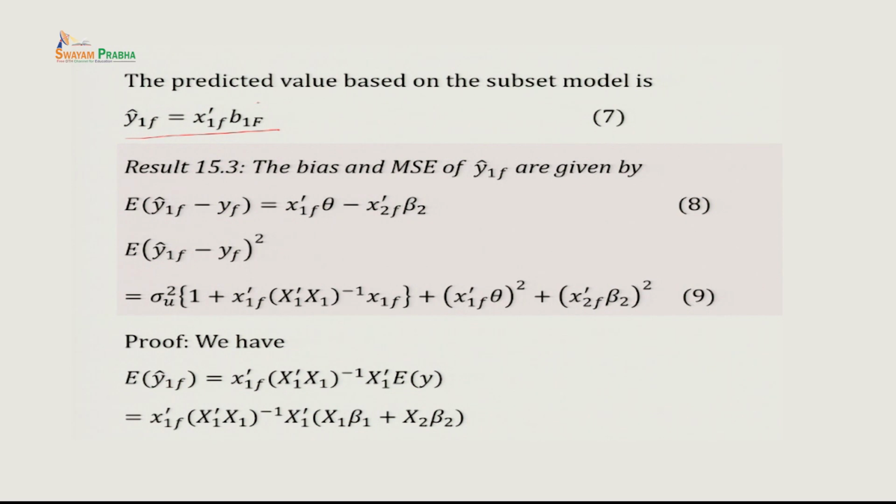The bias and MSE of y hat 1 f are given by the expectation of y hat 1 f minus y f equal to x 1 f transpose theta minus x 2 f transpose beta 2, and the expectation of (y hat 1 f minus y f) square is equal to sigma square u (1 plus x 1 f transpose (x 1 transpose x 1) inverse x 1 f) plus (x 1 f transpose theta minus x 2 f transpose beta 2) square.